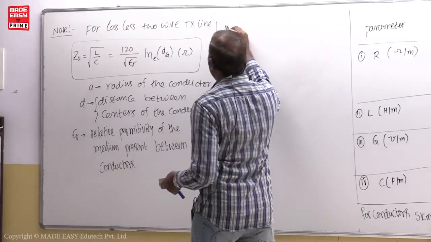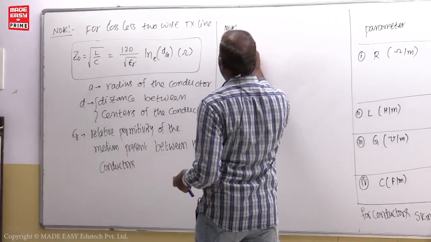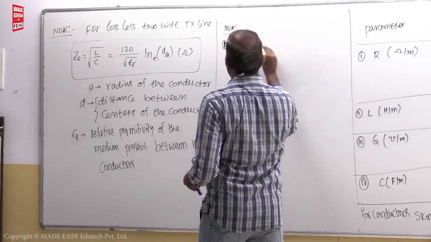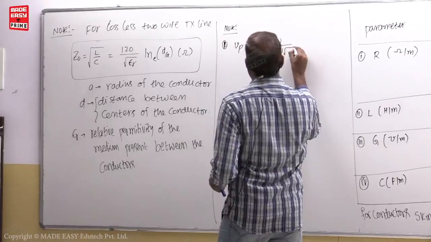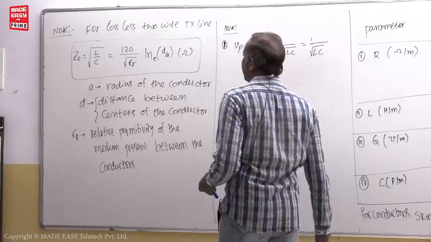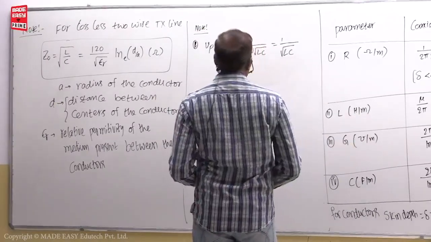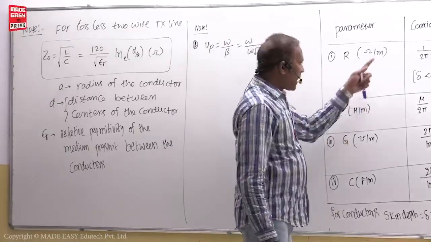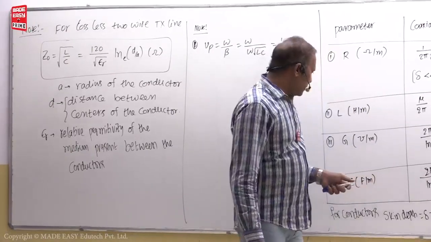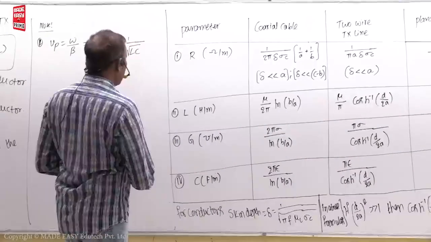Now in the note we will write phase velocity is equal to omega by beta, omega by omega root LC, that is equal to 1 by root LC. For example, for coaxial cable, this is L and this is C. You multiply L into C, what will happen?